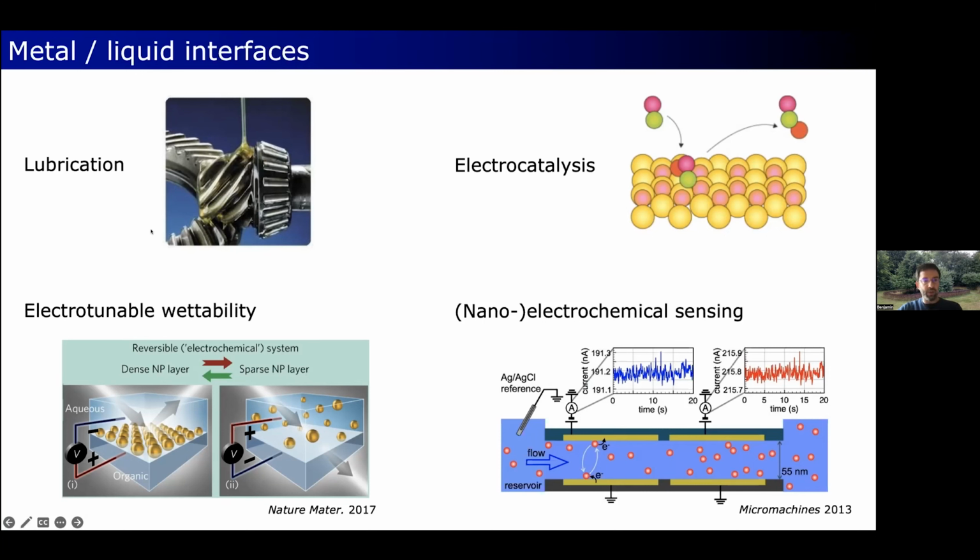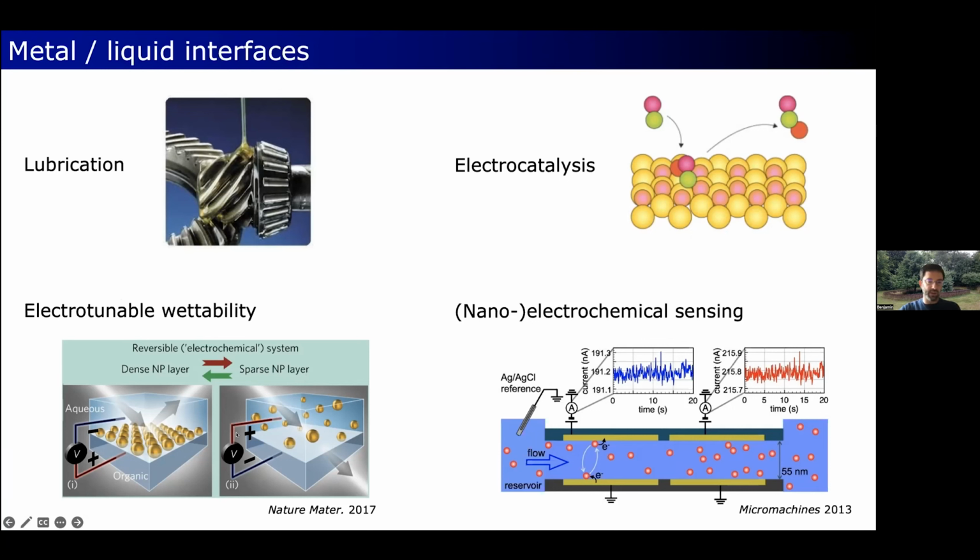You can also use the fact that metals respond to voltage, and charges in general respond to electric fields, to tune the interfacial properties involving metals.